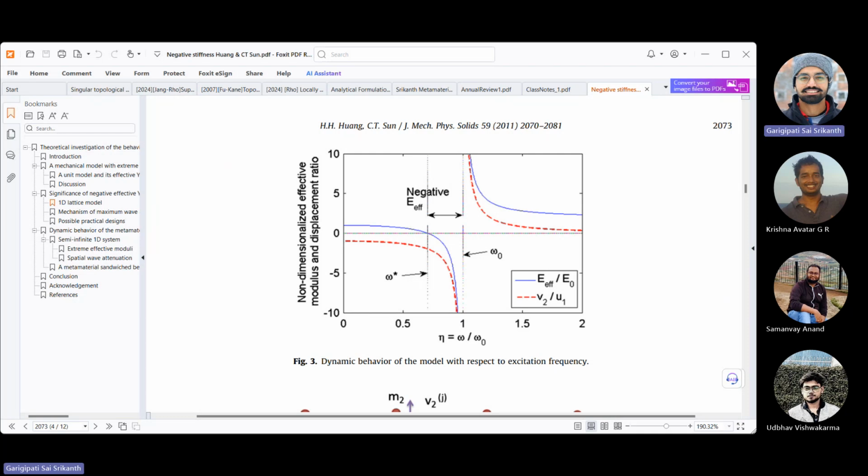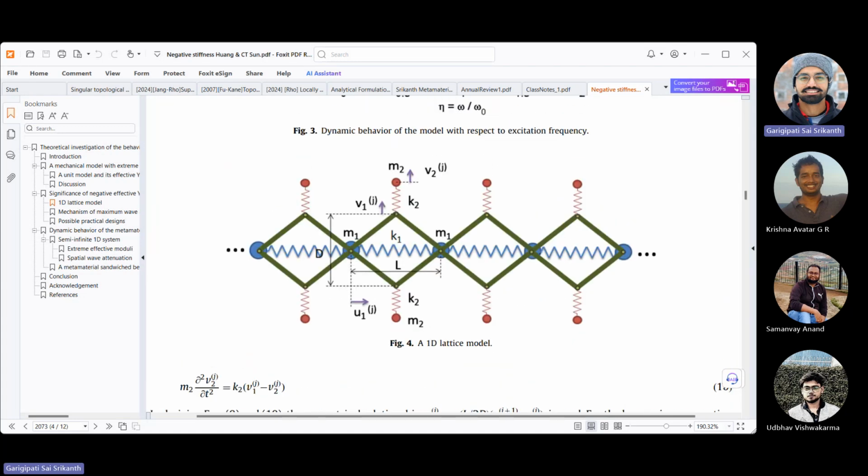So before and after, E goes to infinity. And there's a range of values where E is negative. This is negative. It is the whole unit cell and the chain. You can have a look.